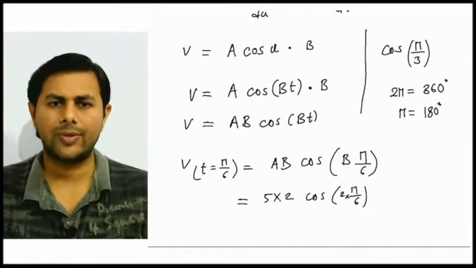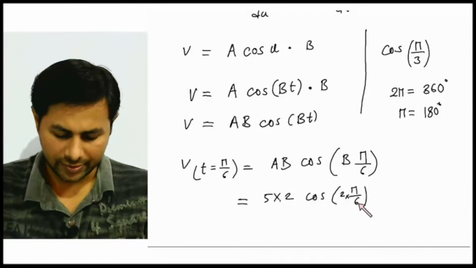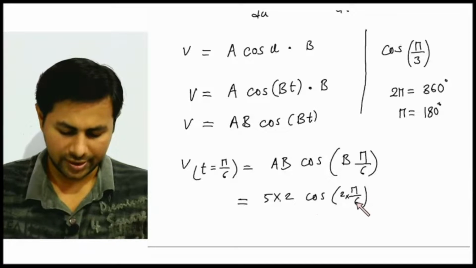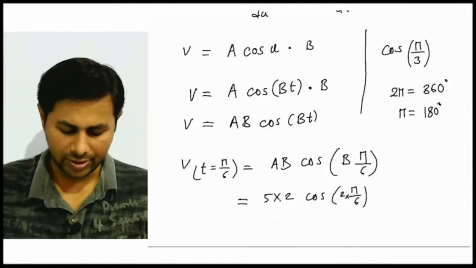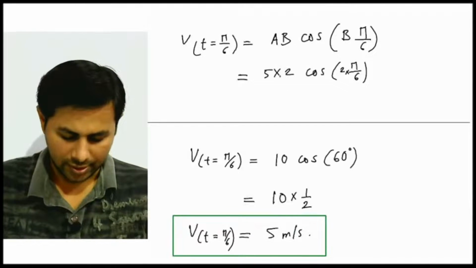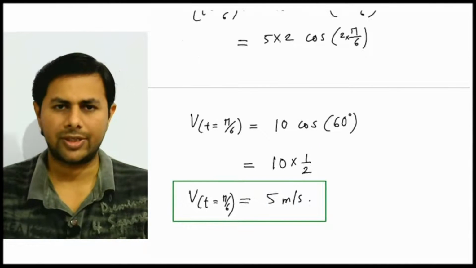So we really want to find out what? Pi by 3. So what is pi by 3? It is 180 divided by 3, that's 60. And cosine of 60 is half. So we have 5 times 2 multiplied by half, that is how much? 10 times half, that is 5 meters per second.